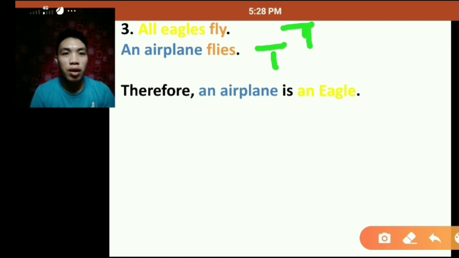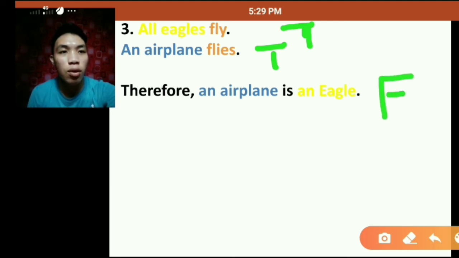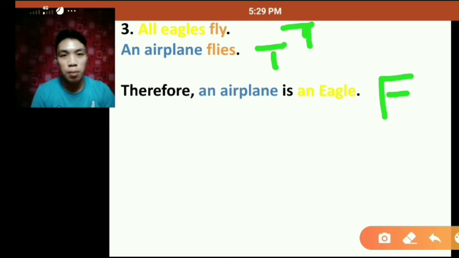So therefore, the conclusion is that therefore, an airplane is an eagle. Definitely, this statement is false because an airplane is not an eagle. So it also failed to cover the second criteria.